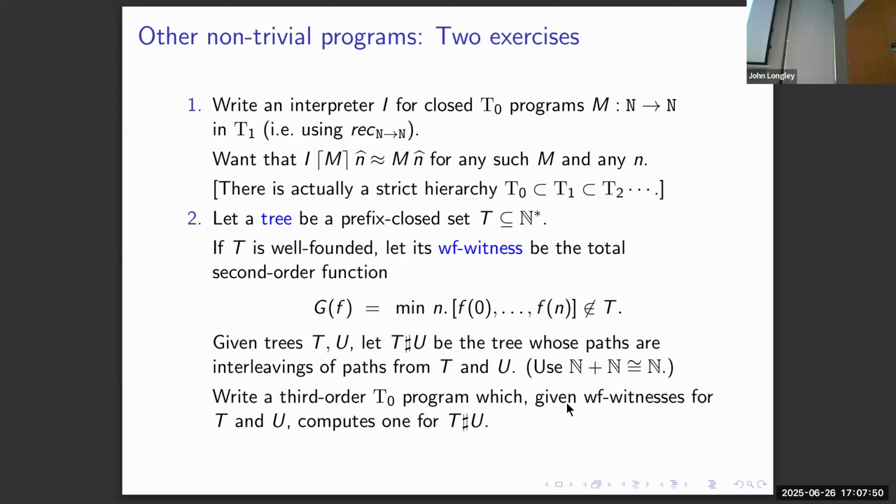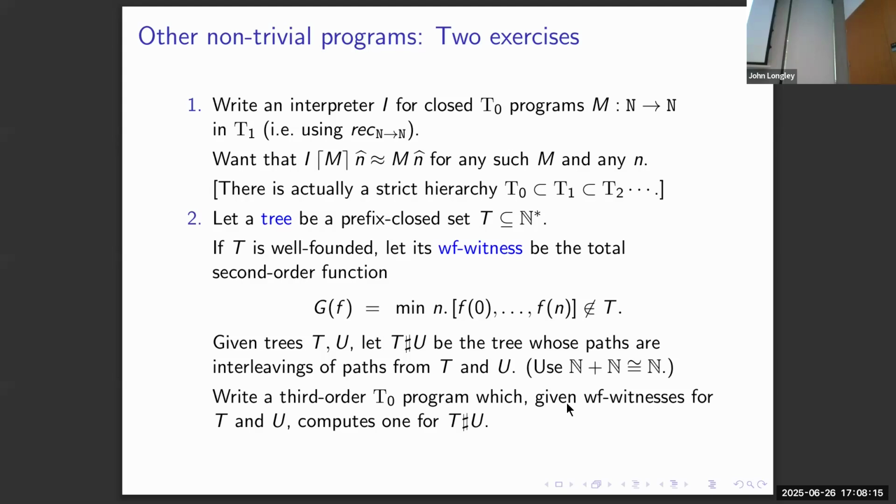I'm very fond of this exercise, which came up in something I was researching, so it's something you might enjoy doing. Let's say a tree is a prefix closed set of sequences of numbers, and we think of countable branching trees here. If it's a well-founded tree, there'll be a second order function that witnesses that.